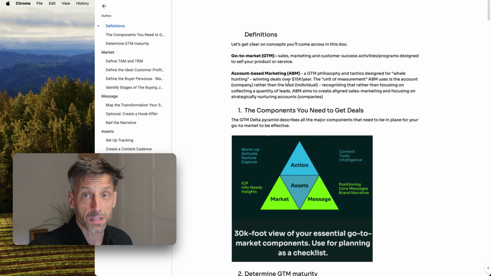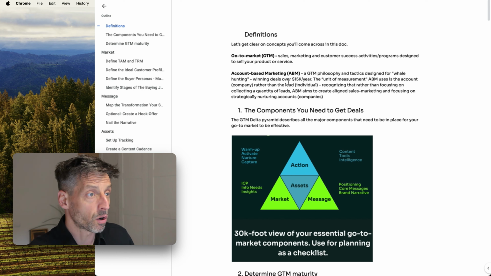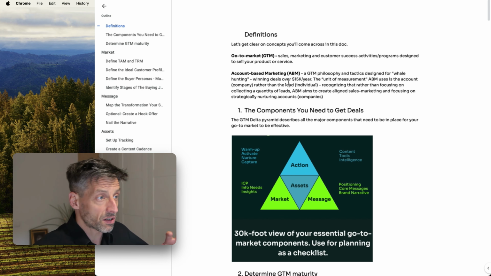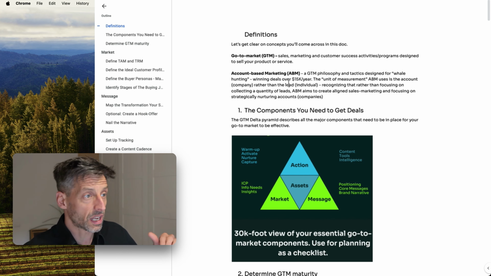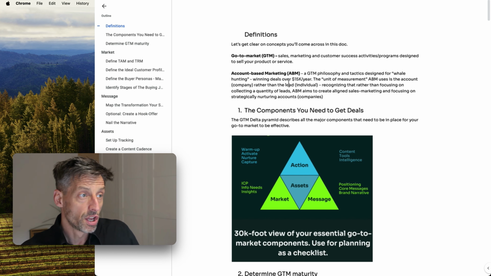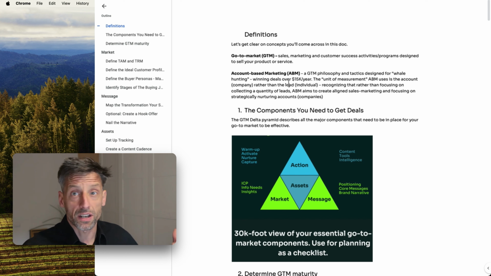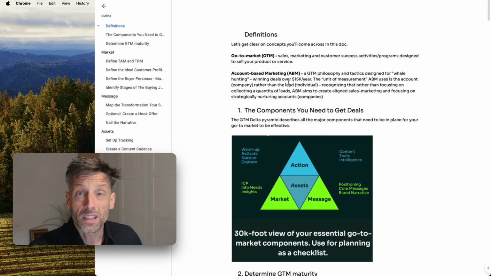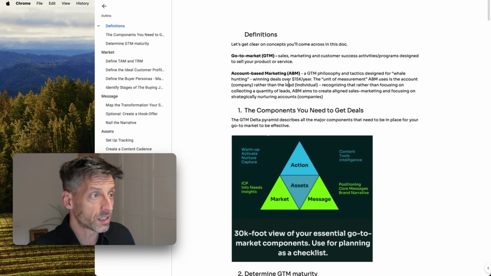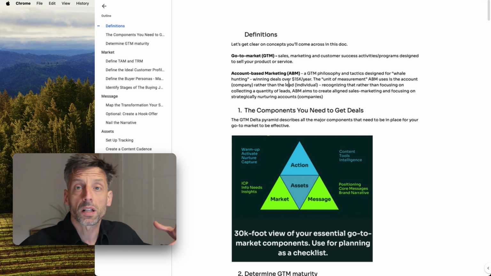Or if the deal size is big enough, then even one single company. So this is all about personalization and customization so that you can create the best buyer experience in a way that makes financial sense for your company. So we refer to these practices as account-based marketing, but it also encompasses sales and it makes up a bulk of your go-to-market activities.